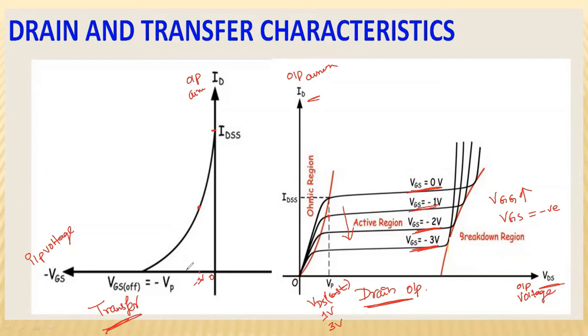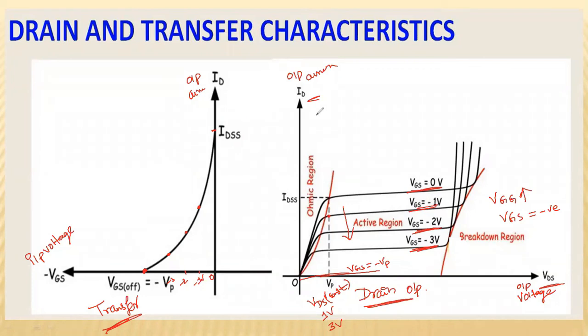When VGS is equal to minus 2 volts, the current further decreases, and at VGS equal to minus 3 volts, it decreases further. At a particular voltage called the pinch off voltage, VGS equal to VP, the drain current completely becomes 0. In this way, we can plot the transfer characteristics.